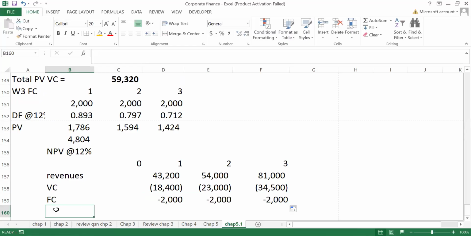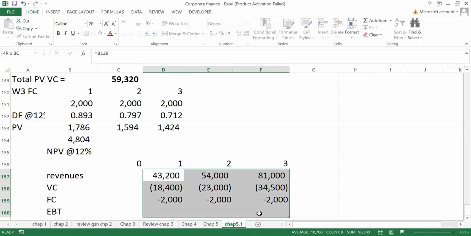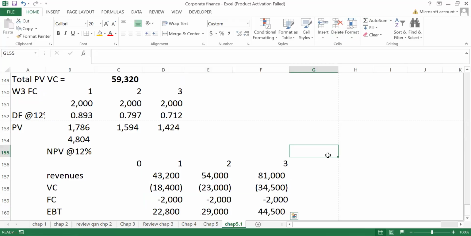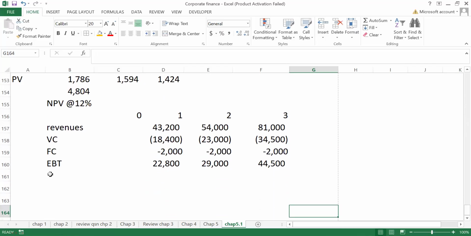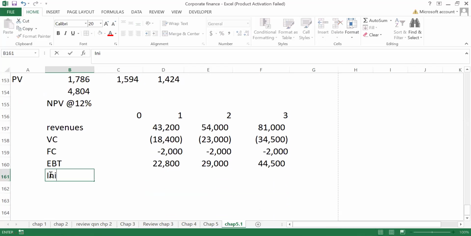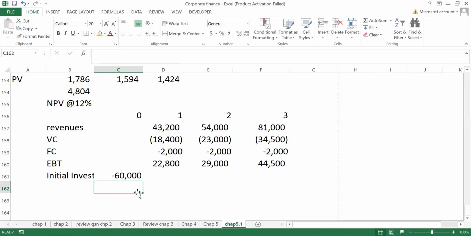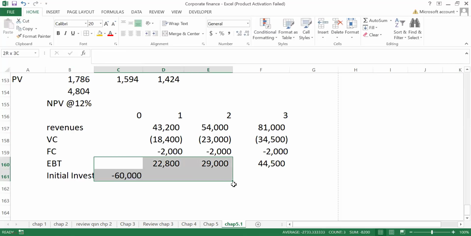So my earning before tax. We did not consider tax, so I can leave that. So my initial investment is 60, I think. So net cash flows.